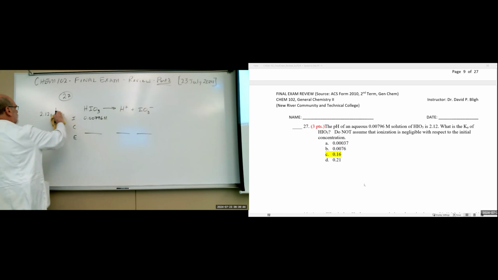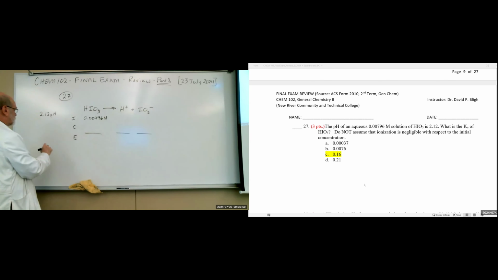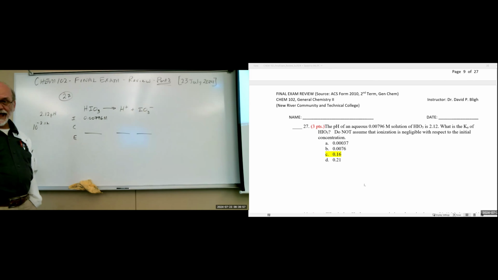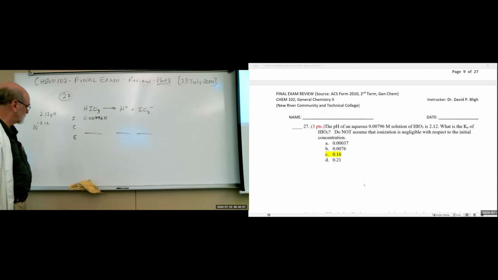And I can do better than that. What's the hydrogen ion concentration? It's 10 to the minus 2.12, the anti-log of the negative 2.12. So let's see what that value is. 2.12, change the sign, and then do 10 to the x.